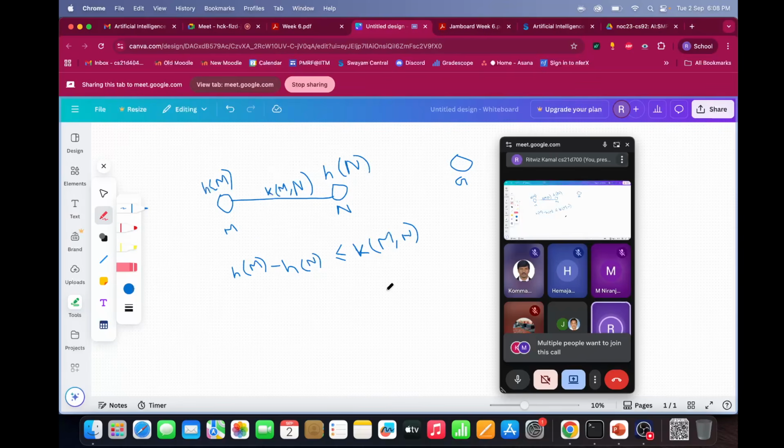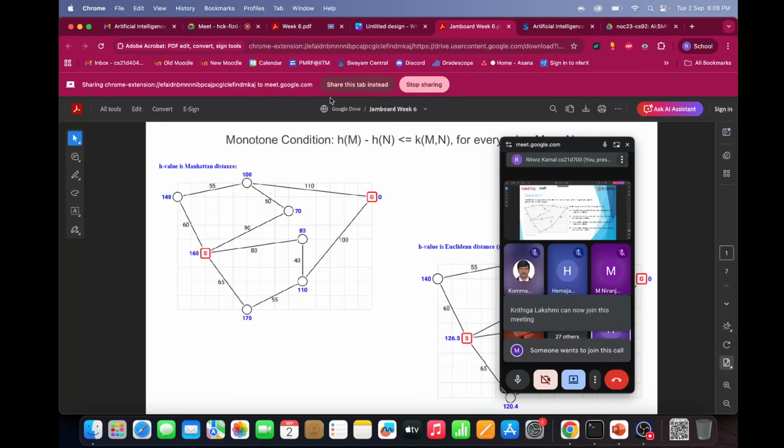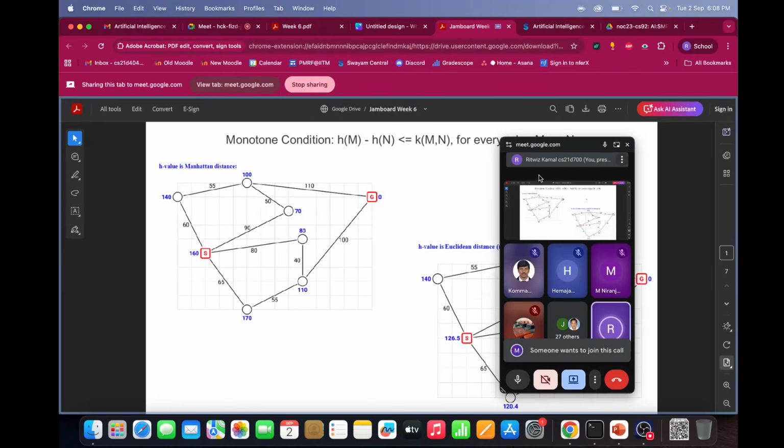With this in mind, I'll shift back to the graph and I'll let you try to figure it out. For your ease, I'll show you the pre-computed Manhattan and Euclidean heuristic values as well, so that it's easier for you to decide which of them follow the monotone condition and which of them do not.